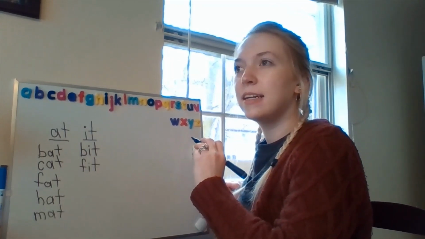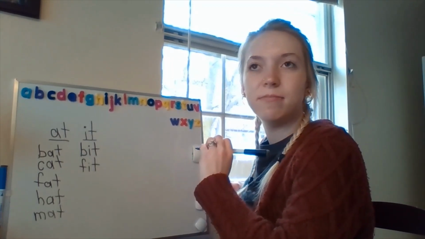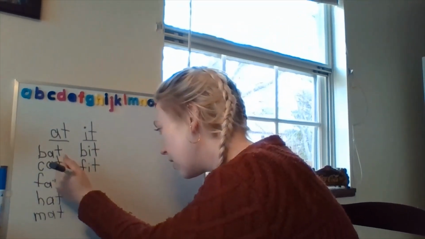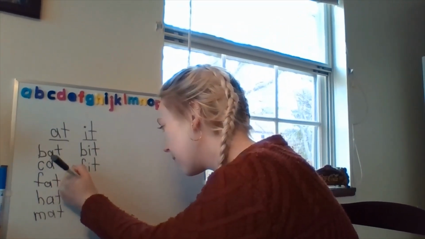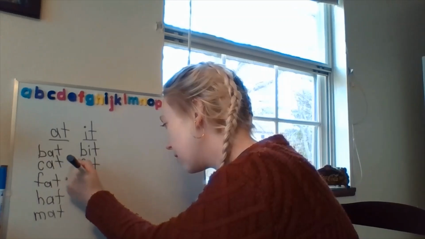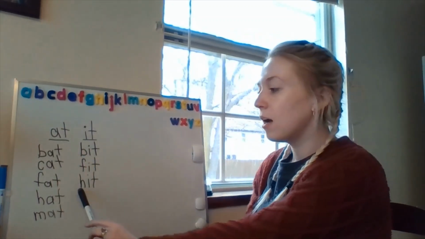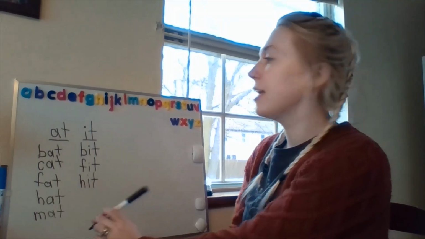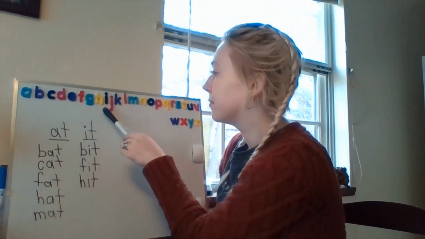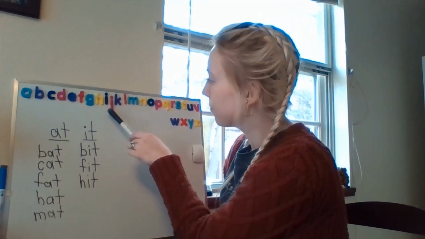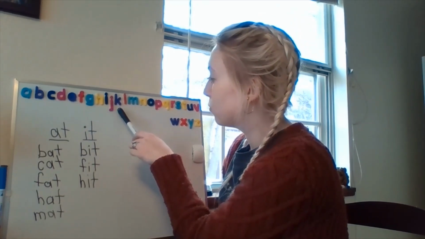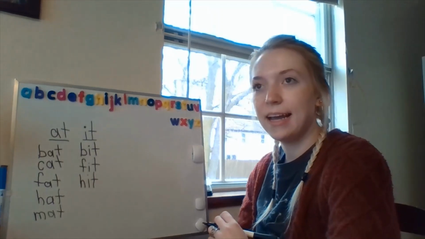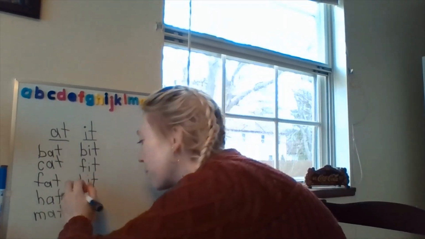It. Get. Is that a word? No. What about an H? Let's see what word that makes. It. Hit. That's the word hit. Let's keep going. What about a K? Do you know what word it makes if we add a K to it? Let's see.